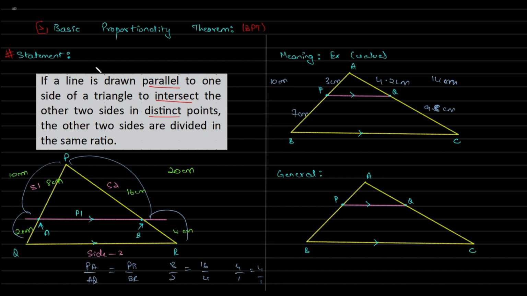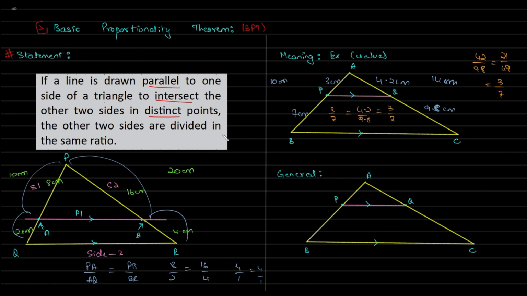So 3 by 7 should be equal to 4.2 by 9.8. Is it so? Let's try it out. I'll write this as 42 by 98, and 2 is common, giving 21 by 49, and 7 is common, giving 3 by 7. Yes, they are the same.